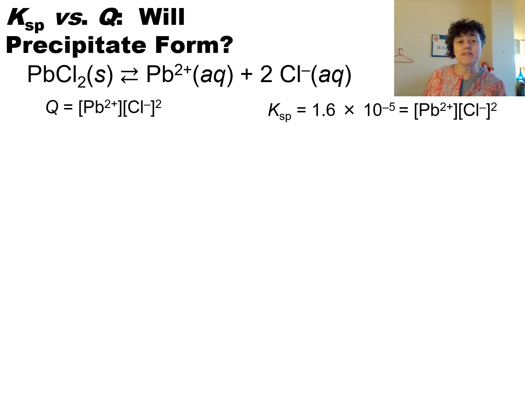If Q is higher than Ksp, you simply have too many ions. The reaction needs to move in this direction, so you will form more precipitate. If Q is too small, you have room for more ions, so you can dissolve more lead chloride and increase the concentration of the ions until you reach this equilibrium value.